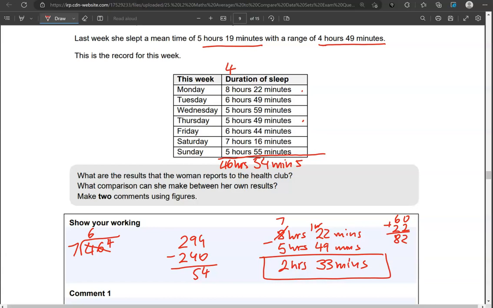So we've divided the 46 hours by 7 days and it gave us 6 hours, and we'll work out how many minutes. So we have 4 hours remaining. Now 4 hours, how many minutes is that? That is 240. 4 times 60 gives us 240.